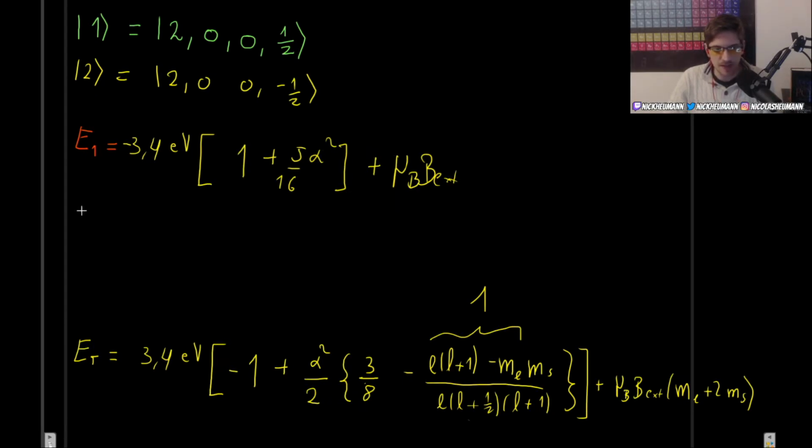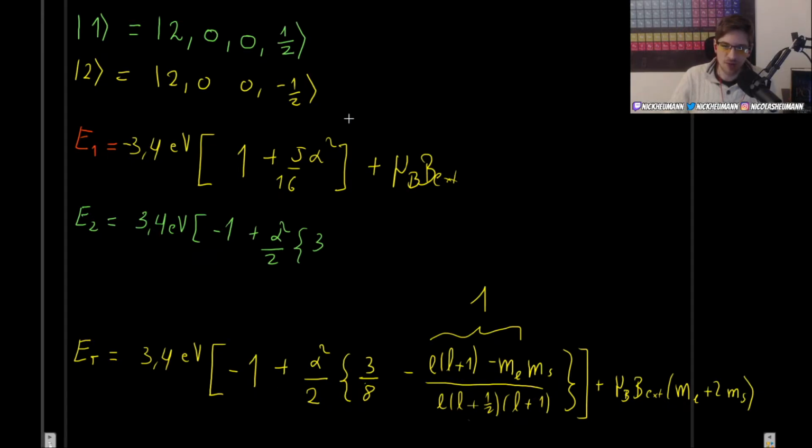All right, let's go for the energy of the second state. So we have to do exactly the same, but with different quantum numbers. So this would be 3.4 electron volts minus 1 plus alpha squared over 2, 3. And now we have 3/8. This is exactly the same thing, actually, right?